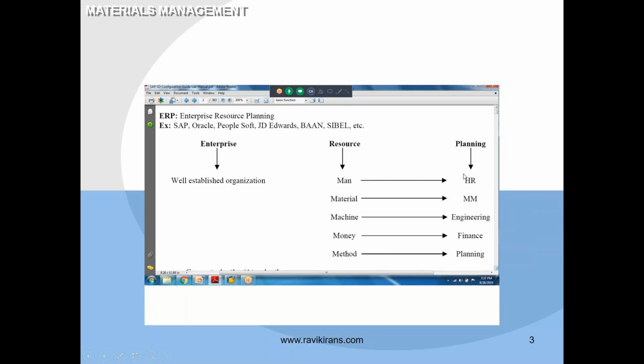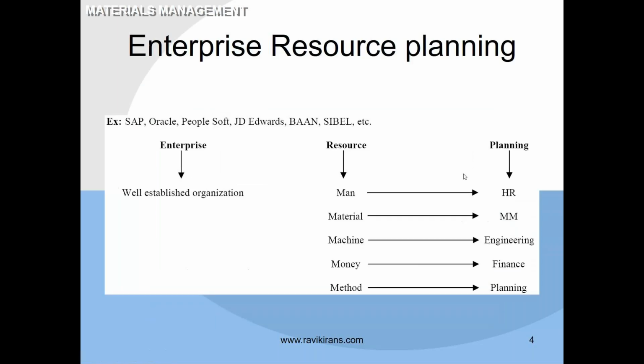SAP being a primary ERP, you need to understand that all these are well established, integrated ERPs, but SAP has 85% market share as on date. Among the rest of the ERPs, Siebel is not there, BaaN is not there, JD Edwards is not there, PeopleSoft is not there. SAP and Oracle are the two major contenders, but Oracle has hardly 8% of the market.